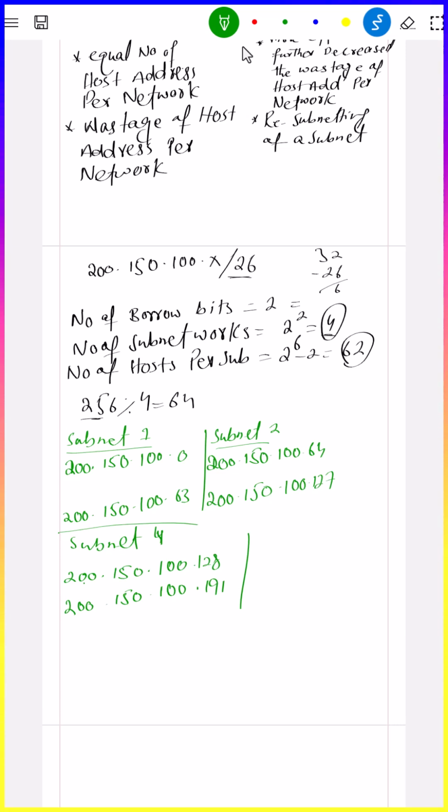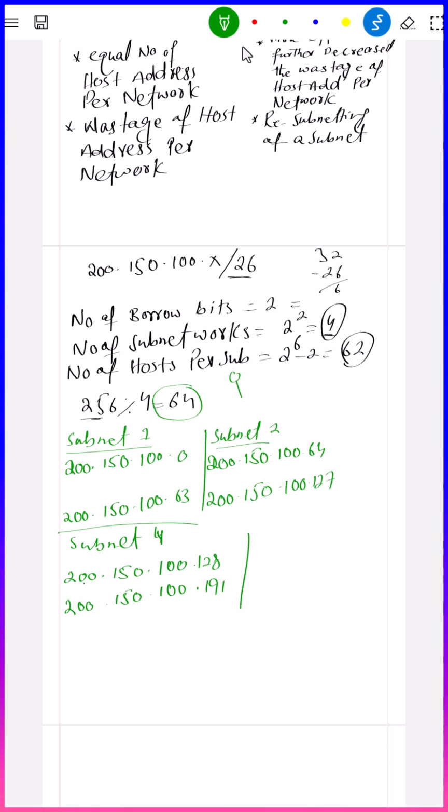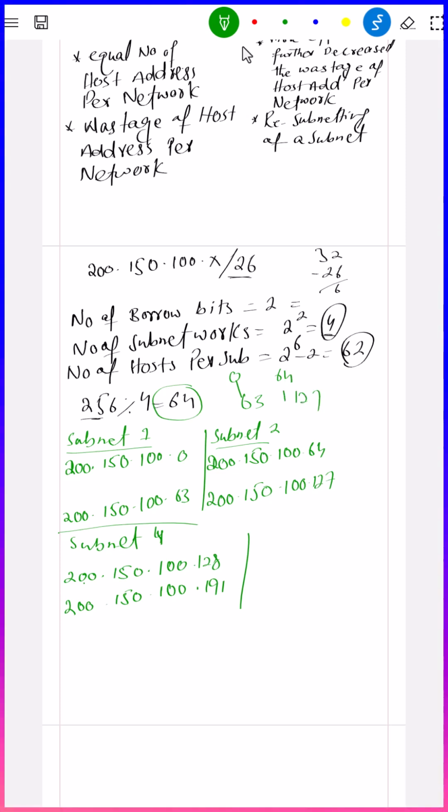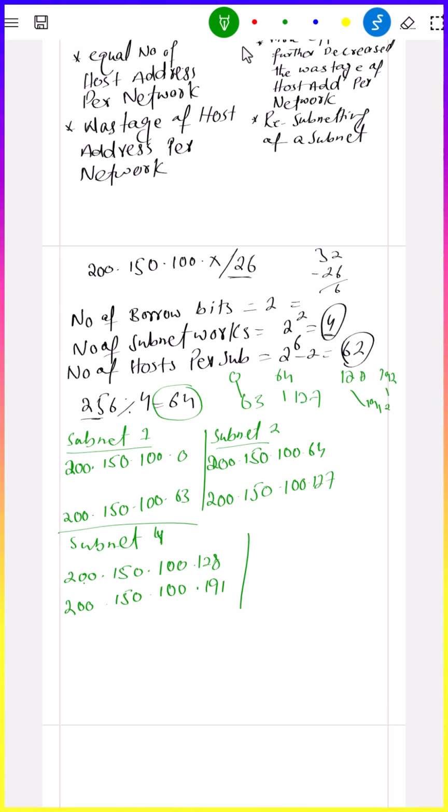Okay, if you are confused, don't be. See, each subnetwork has a range of 64. So one starts from 0 to 63, 64 to 127, 128 to 191, and 192 to 255. If you are confused how, plus 64 with 63 gives 127, plus 64 with 127 gives 191, plus 64 with 191 gives 255.